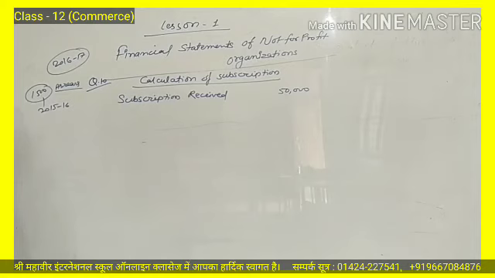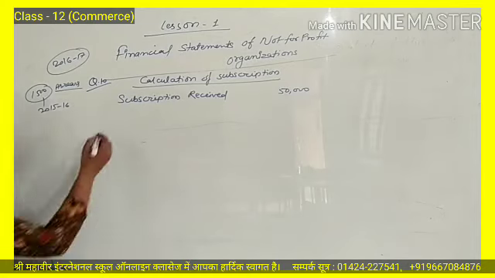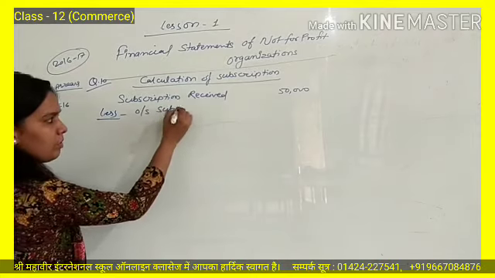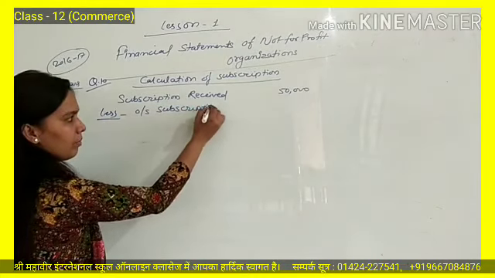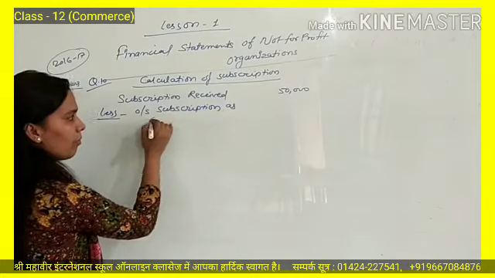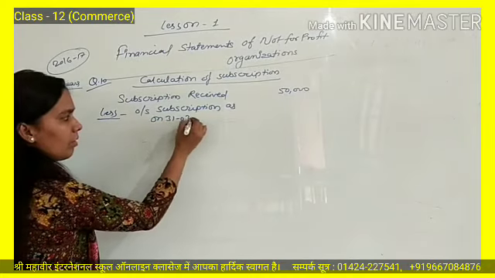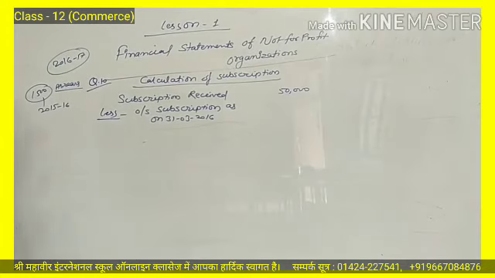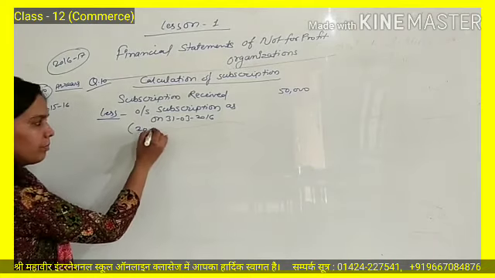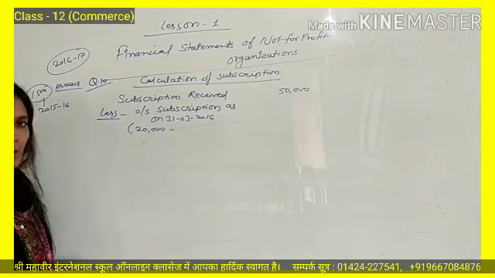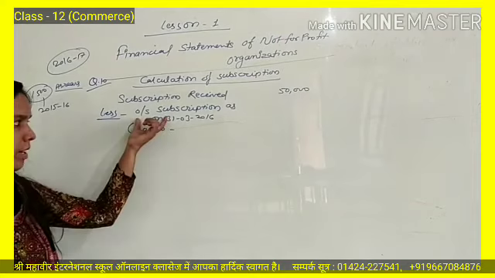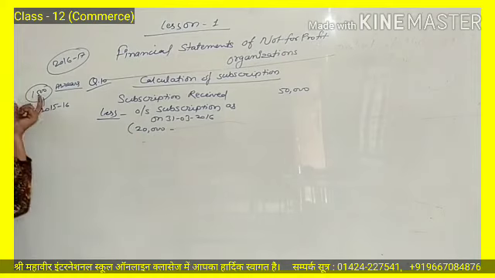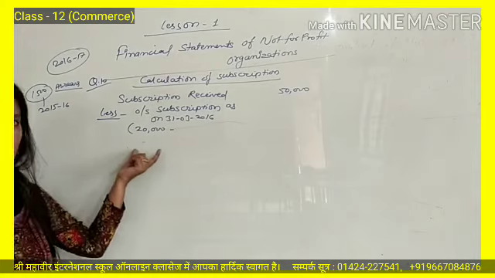Subscription outstanding on 31st March 2016. As you know, we deduct outstanding subscription of last year. Total outstanding subscription is 20,000. 20,000 is your outstanding subscription of last year, but out of 20,000, 1500 rupees are still in arrear.